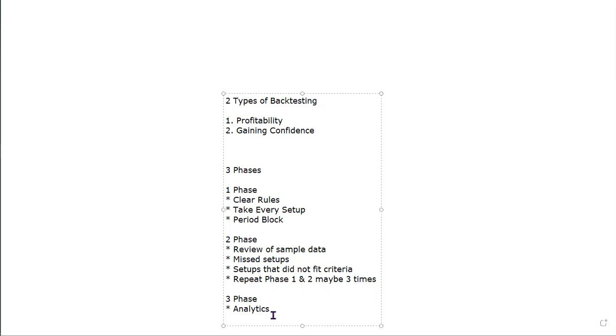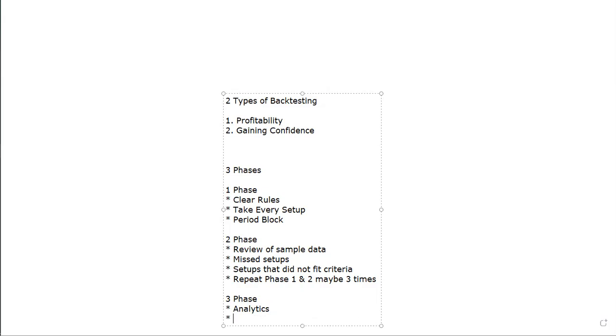You're looking at numbers. At this stage, you've done all of the previous steps multiple times. You've got a lot of information. You've got a lot of numbers. If you were doing it maybe on an Excel spreadsheet or something like that, you've got a nice big amount of data that you can work with. You now look at analytics, right?